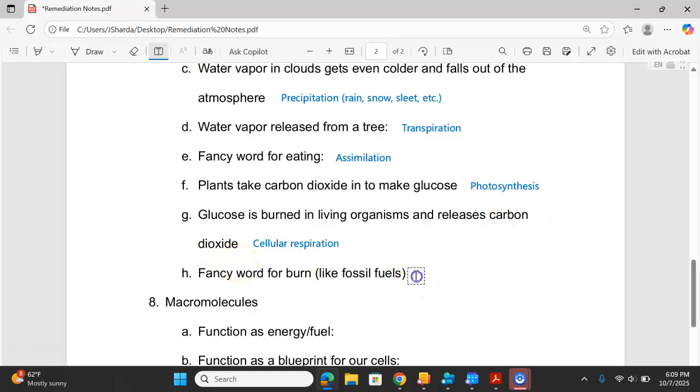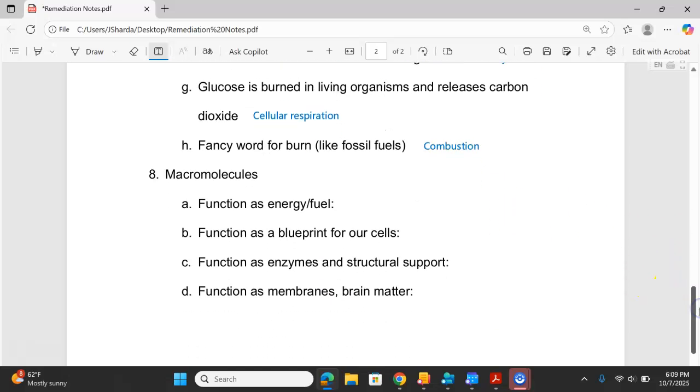Okay, a fancy word for burn is combustion. Okay, we use this like in our vehicles. We combust fossil fuels. Okay, if we have a bonfire, we are combusting logs, right? Some kind of fuel.